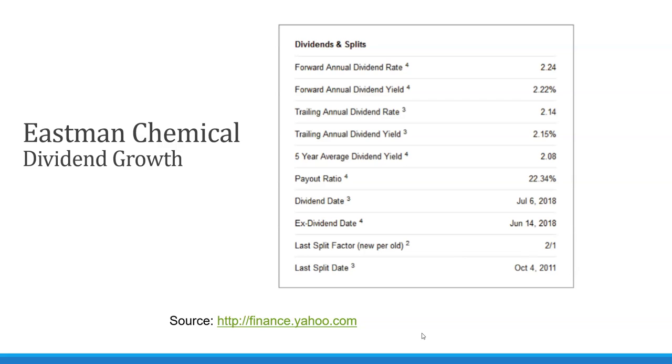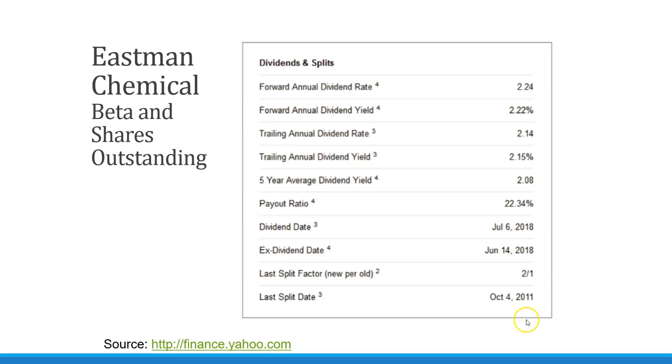Here we see information about their dividend growth, their annual dividend yield, their 5-year average dividend yield, the payout ratio, and then here we have information about their beta and shares outstanding.